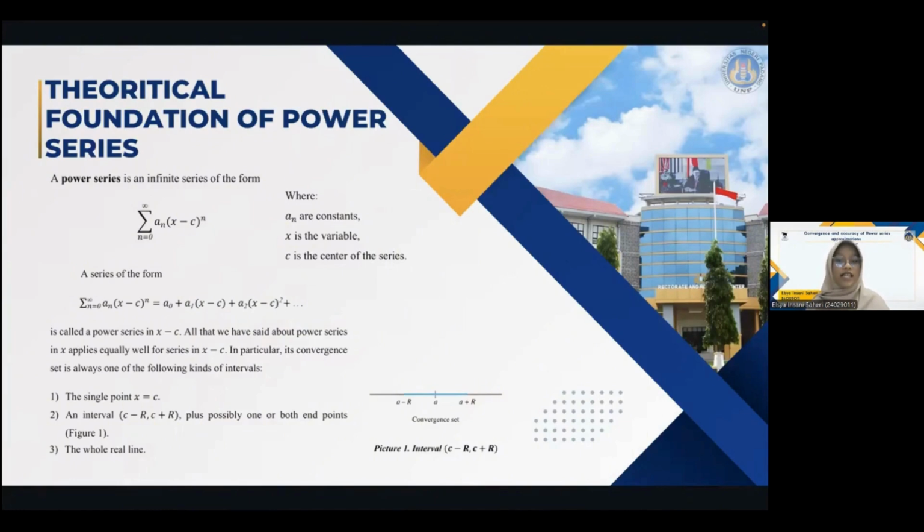As shown in this picture, the convergence interval, the open interval from c minus r to c plus r, is centered at c, with distance r to the left and right. This visual representation helps us understand how far the series converges around its center.